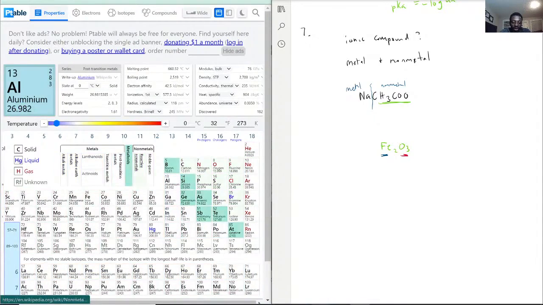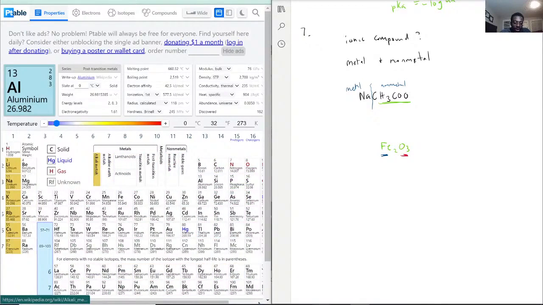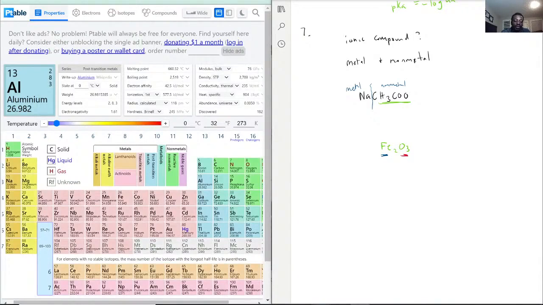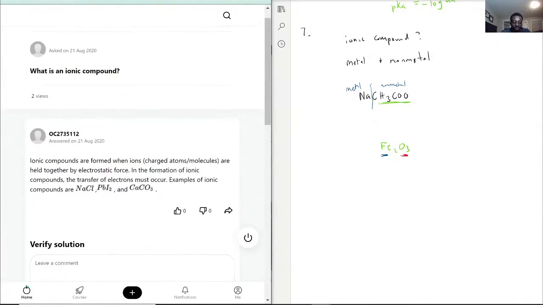So these here are the non-metals you're typically looking for, and these ones, the alkali metals, alkaline earth metals, transition metals, and post-transition metals, are the kind of metals you're looking for as well to be able to say it's an ionic compound.